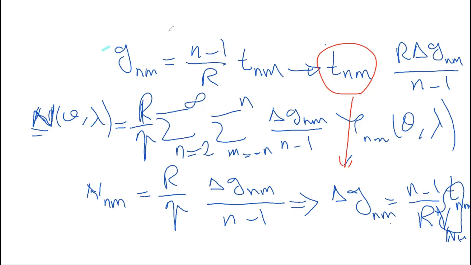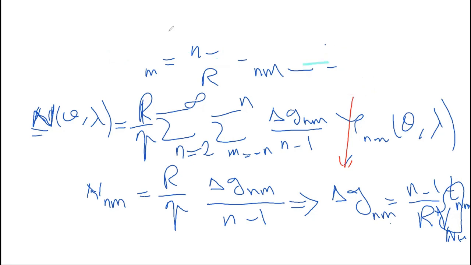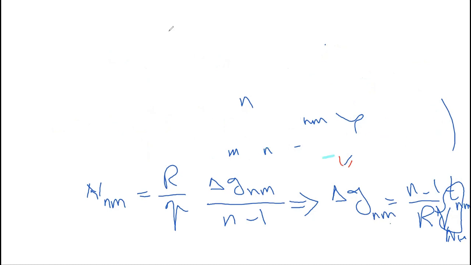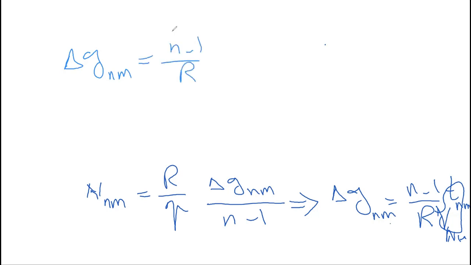So then the gravity anomaly is (n minus 1) over r times T_nm, which should be multiplied by gamma.